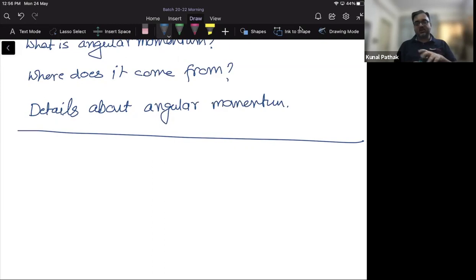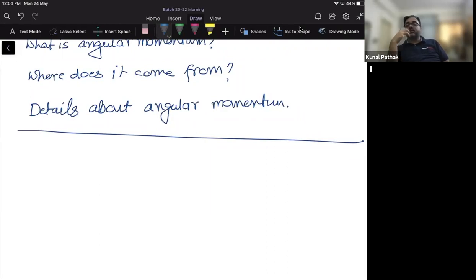the acceleration of the center of mass must be zero, and if the acceleration of the center of mass is zero, then the velocity of the center of mass must be constant. And if the velocity of the center of mass is constant, then by definition, the quantity m1 v1 plus m2 v2 plus m3 v3 must also be constant.